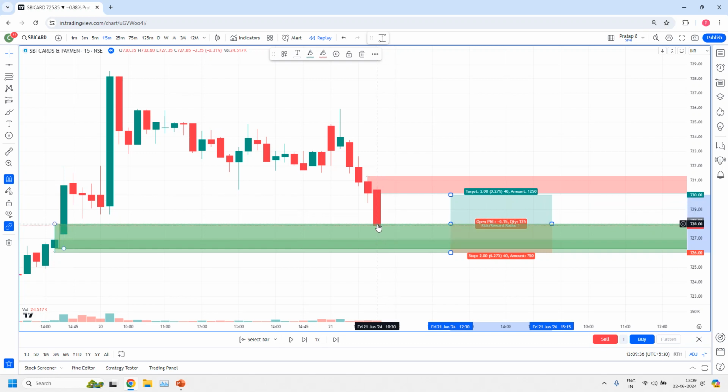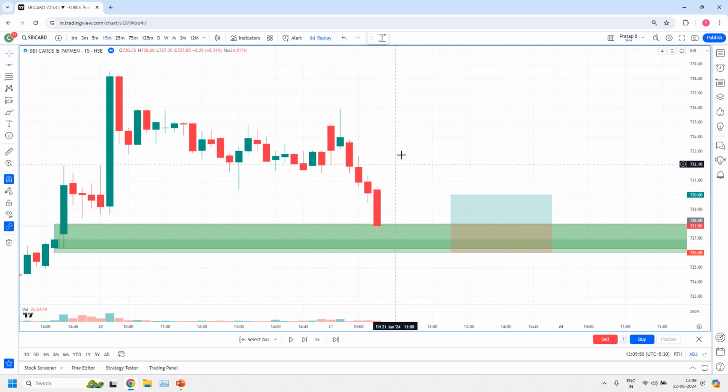Maybe it will pick up the orders and then again it will go back. There could be a huge rejection. When there is a huge rejection, if price is closed somewhere here, definitely this is an invalid zone. This is not a valid zone.